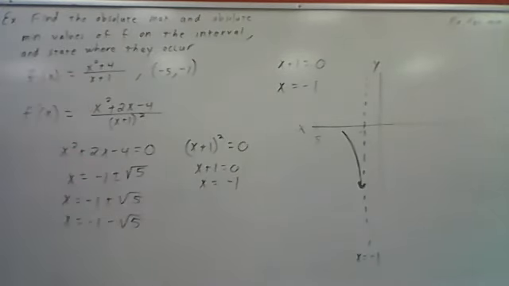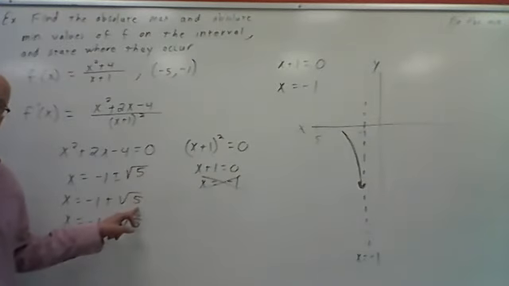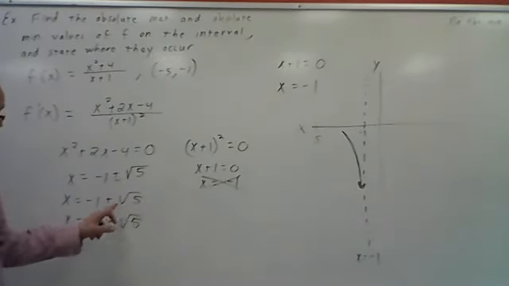Let's see if there's anything over here I could throw out. The square root of 5 is a little bit larger than the square root of 4. The square root of 4 is 2, so a little bit larger than 2 is 2 point something. -1 plus 2 point something: does that put me in this interval? No, it does not.